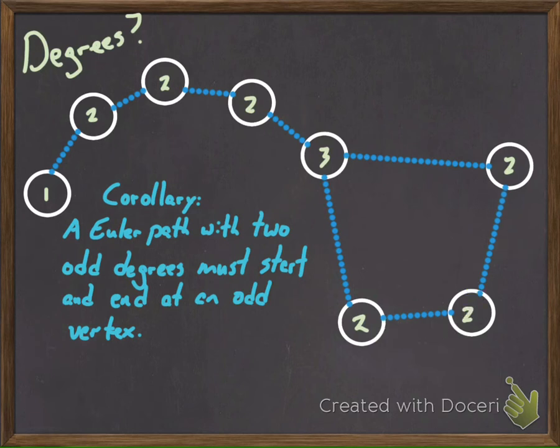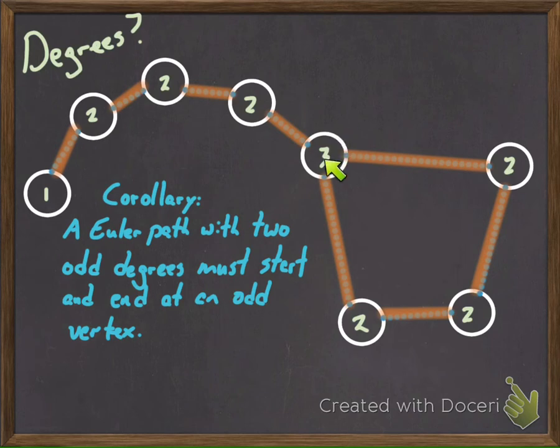So let's look at an example. If I start here at 1, I could go to 2, and then all the way over here, and back around. And notice I've ended here at 3. Let's see that again. Yeah, so I just ended right there. Now I could also start here at 3, and say I go down here to 2, and then I can loop myself around, but I'm going to end at 1.